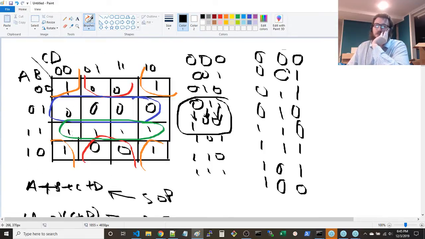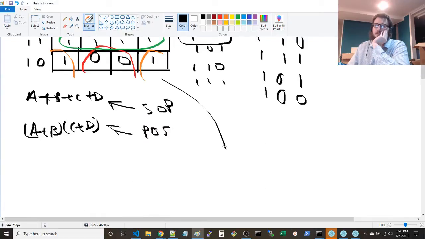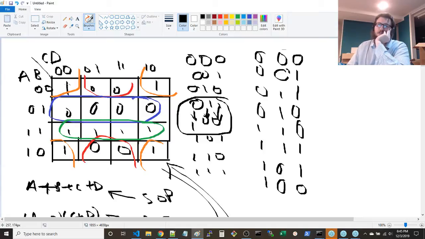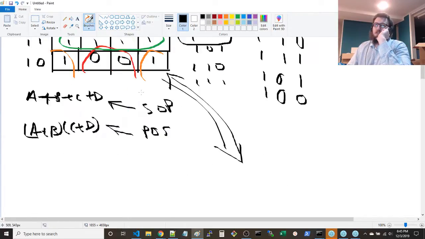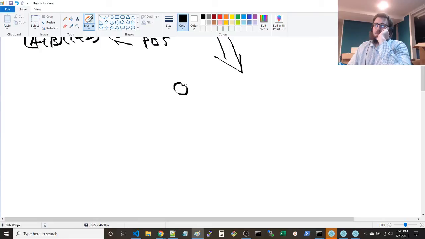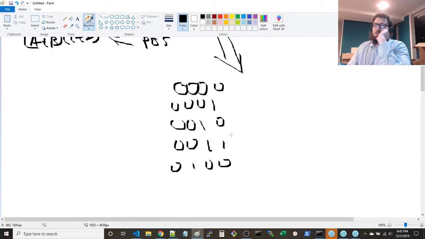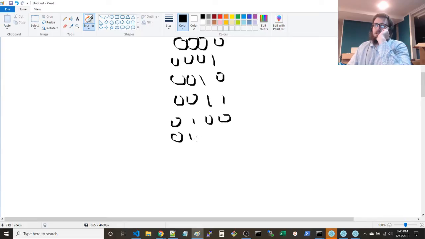I just kind of randomly picked this, by the way, which coincides with the following 16. So there's 4 bits we're looking at. So there's 2 to the 4th, 16 different truth values. We'll just map them all out. And we won't do it in Gray code. We'll just do it in regular binary form because it's a little easier for me to process.